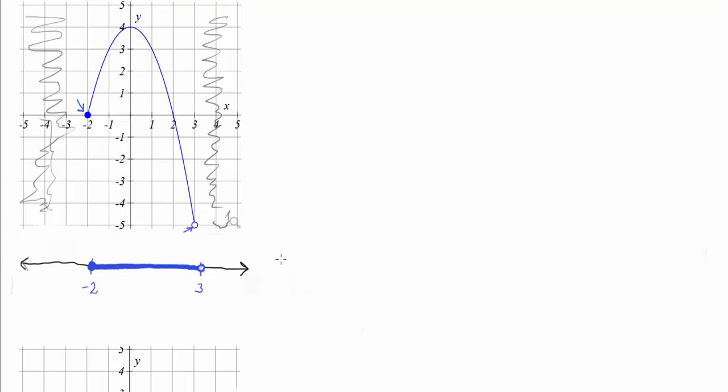So we see that our domain for this function is the interval from -2 to 3, with the -2 being included, so we put a square bracket there, and the 3 is not included, so it gets a paren.